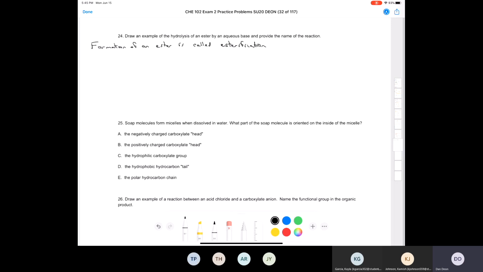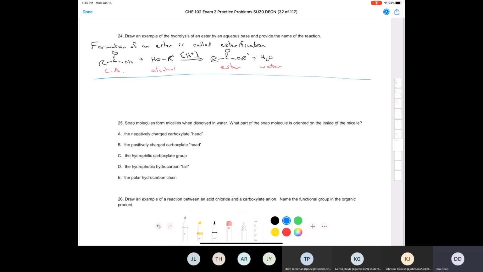And that is when we take a carboxylic acid plus an alcohol, and a catalytic amount of acid, and we produce an ester plus water. This is the third time I've gone over this tonight. So let's write that out again: carboxylic acid, alcohol, we produce an ester and water, but this is a reversible reaction.